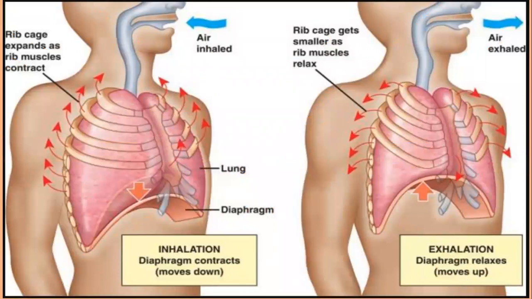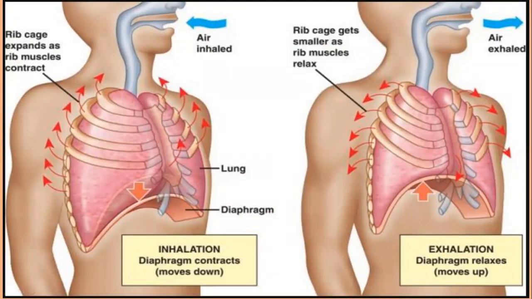In this diagram, you can see that here air is inhaled. So the rib cage expands as rib muscles contract. The lungs, the diaphragm. Inhalation: diaphragm contracts, moves down.